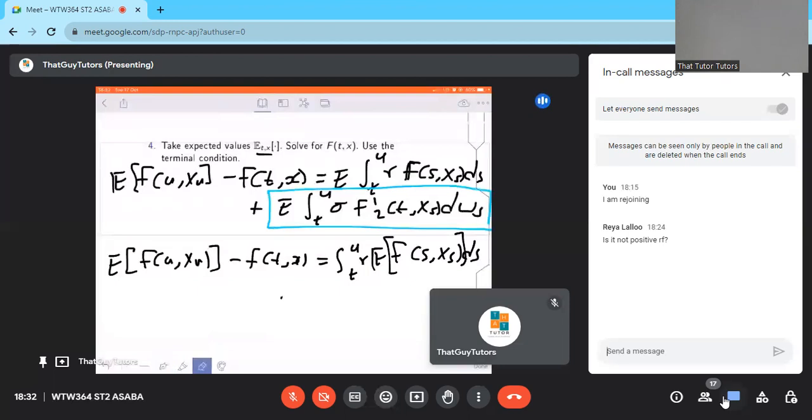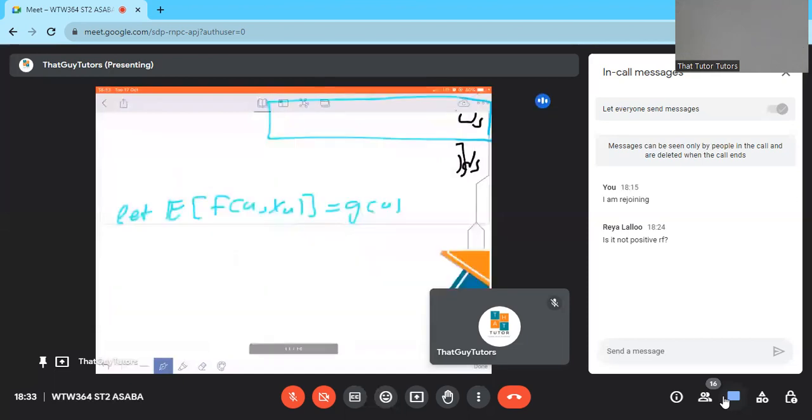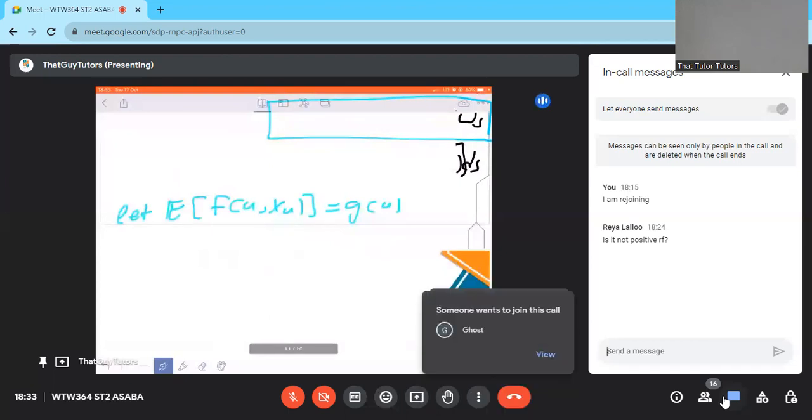Now this is where the magic happens. You are going to let the expectation of f of u, x of u, be equal to g of u. So the last equation can be written as g of u minus g of t. I prefer to just write it as f of t.